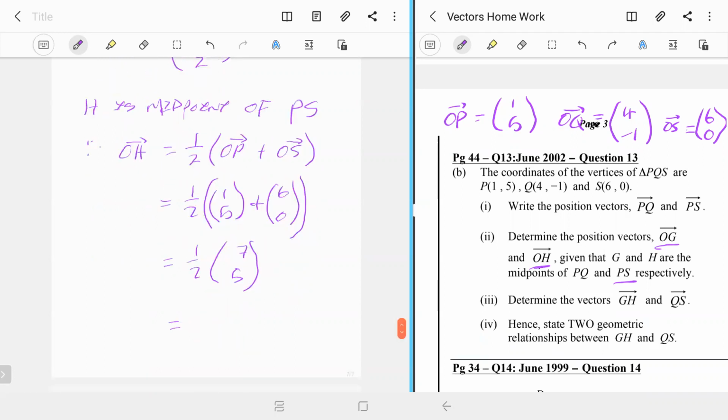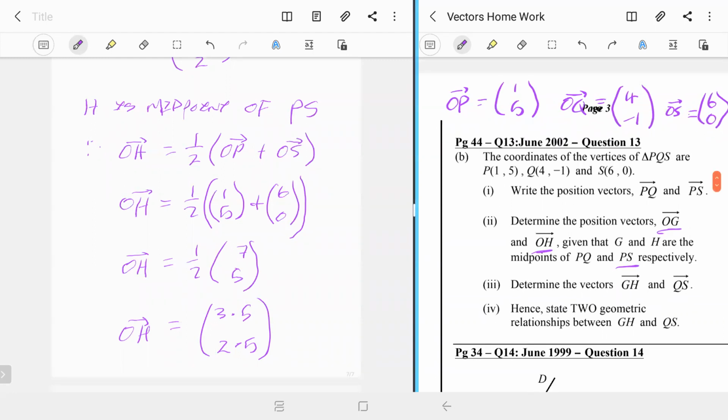Half of 7.5 is 3.5, 2.5. So this is OH, the position vector of H. Good? All right. So we have answered that part now.